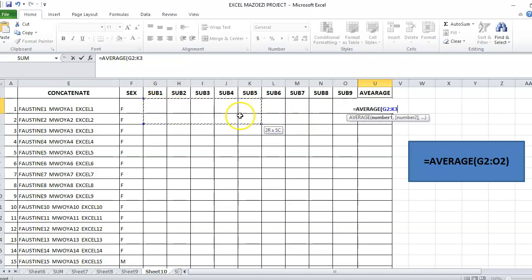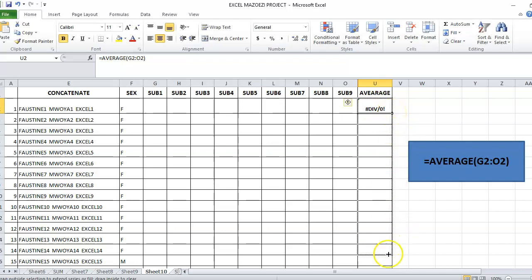This is my range, from G2 up to O2. After that, close bracket, then enter. So this is how you can find the average.